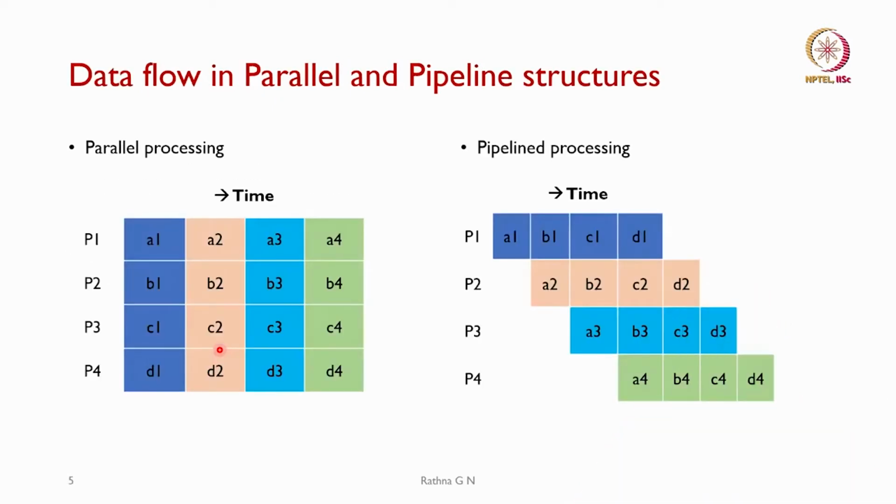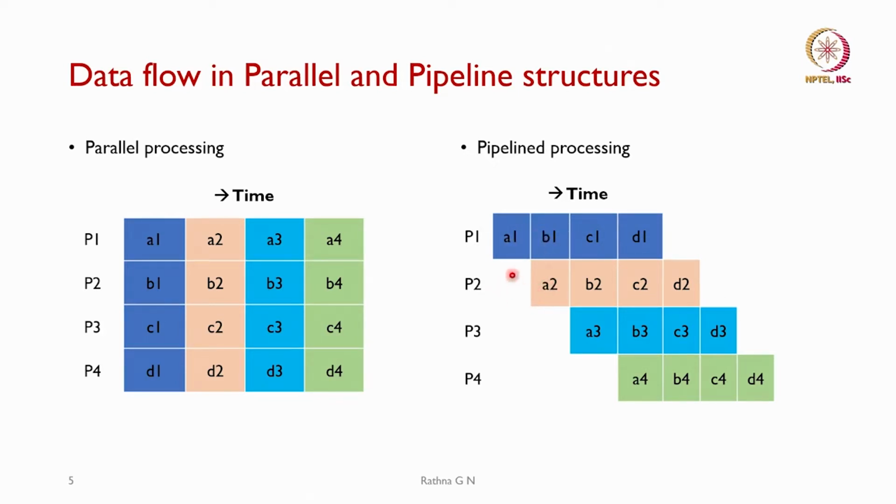We will see the data flow in parallel and pipeline structures and how they are implemented. We have 4 processors here, P1, P2, P3, P4. If there are no data dependencies, all 4 processors will be working on different data sets. If we have the same number of processors in pipeline processing, each processor has to wait for the previous computation to finish before the data comes into the next stage.